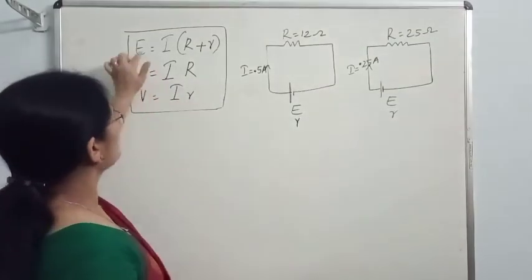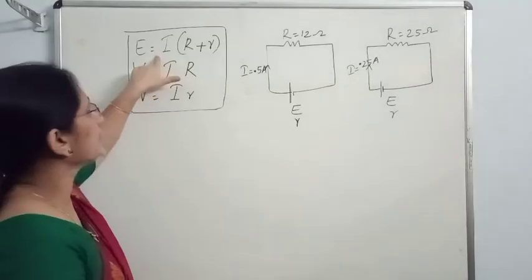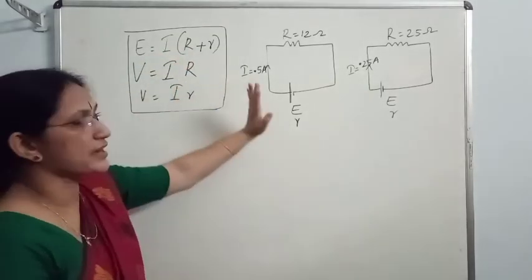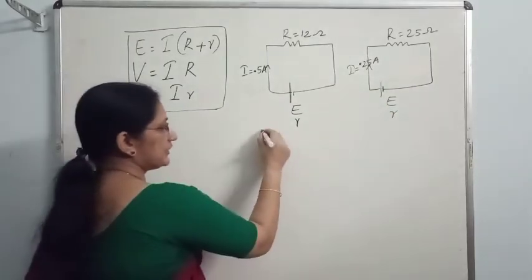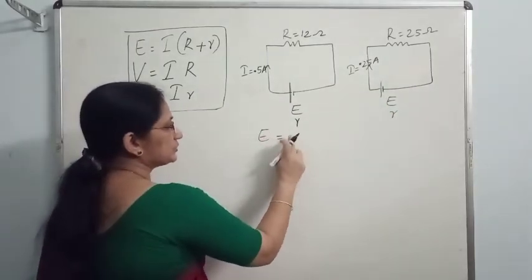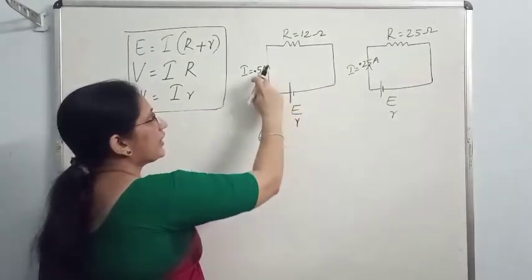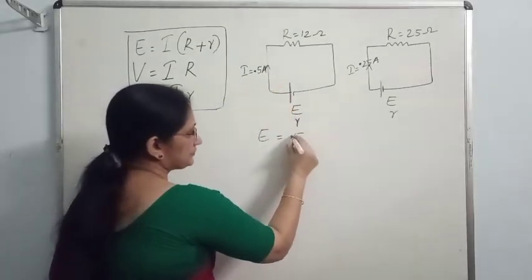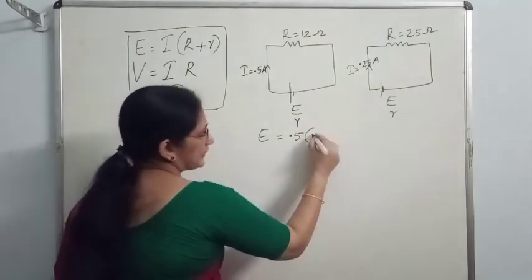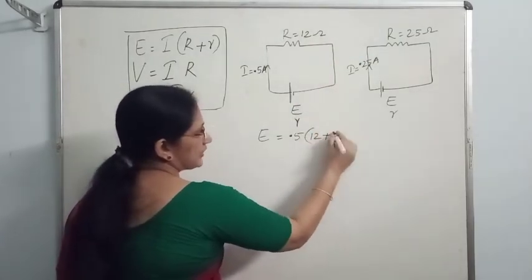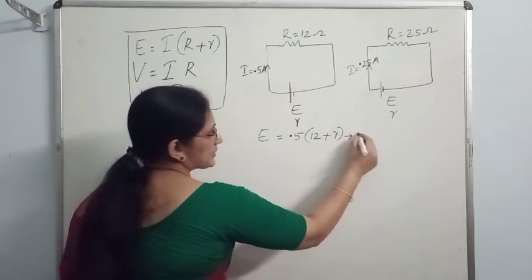You can use the first formula, E is equal to I into R plus r. Apply the formula in both cases. In the first case you will get E is equal to I, which is given as 0.5, into R plus r: capital letter R is 12 plus small letter r unknown. This is equation number 1.